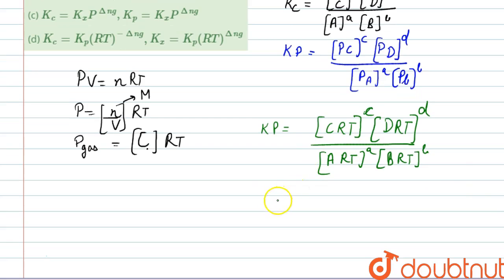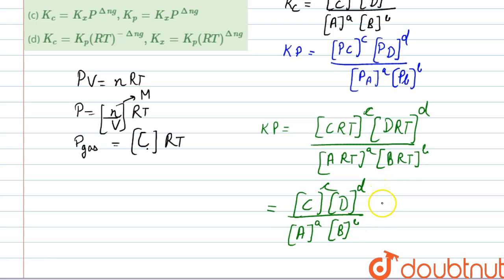From here we will get that it will be C to the power c, D to the power d, A to the power a and B to the power b, and we will write RT as common, that will be to the power c plus d minus a plus b.